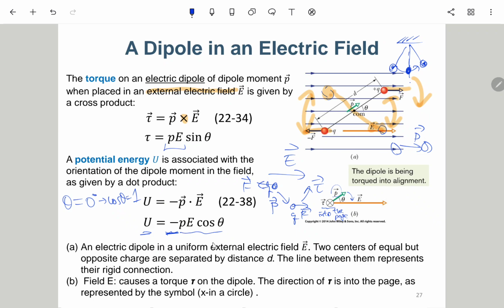When theta is 180 degrees, cosine of theta is -1. In such a way, U is maximized.